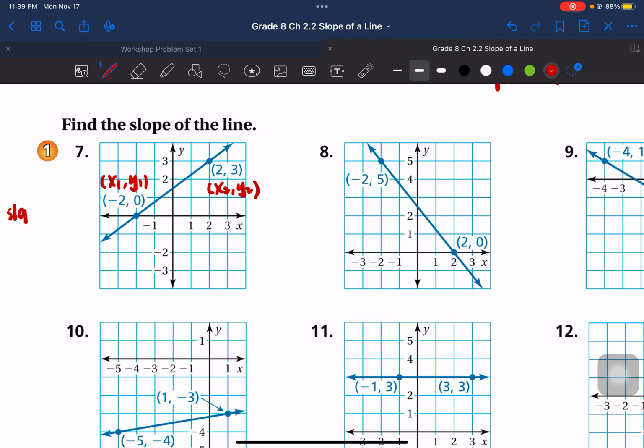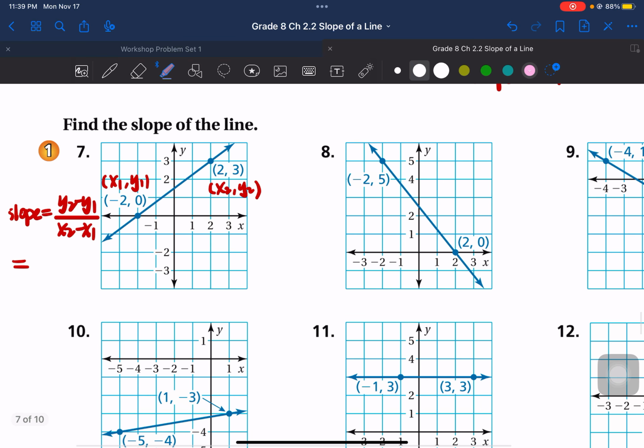I want to use my slope as y2 minus y1 over x2 minus x1. So y2 minus y1 would be 3 minus 0, over x2 minus x1, that would be 2 minus negative 2.